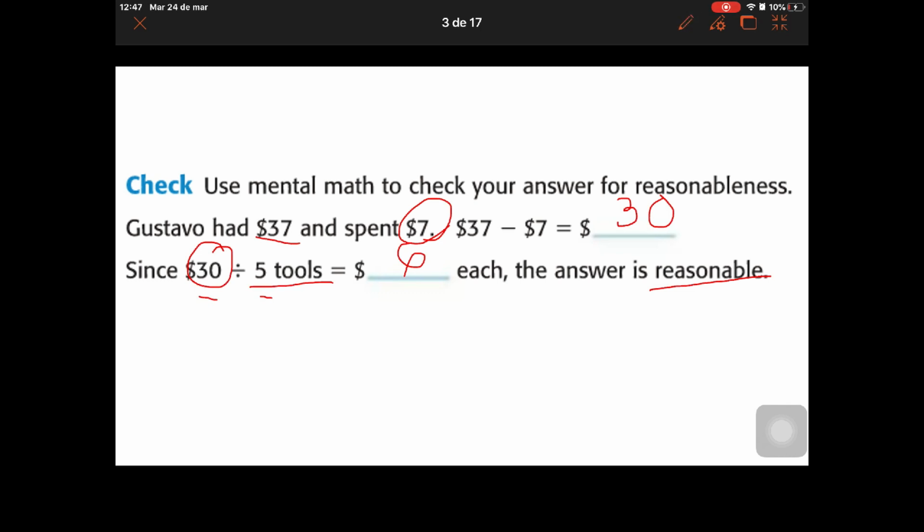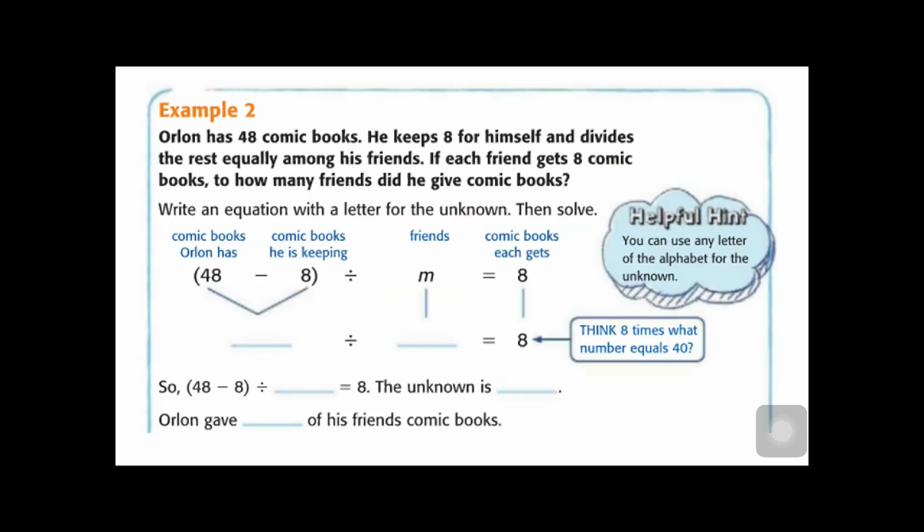Okay, very good. Now let's go to the next problem, example number 2. Orlan has 48 comic books and he keeps 8 for himself and divides the rest equally among his friends. If each friend gets 8 comic books, how many friends did he give comic books to?